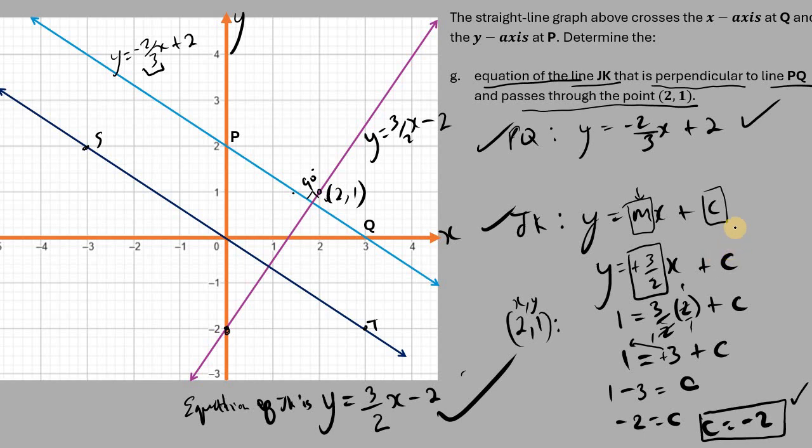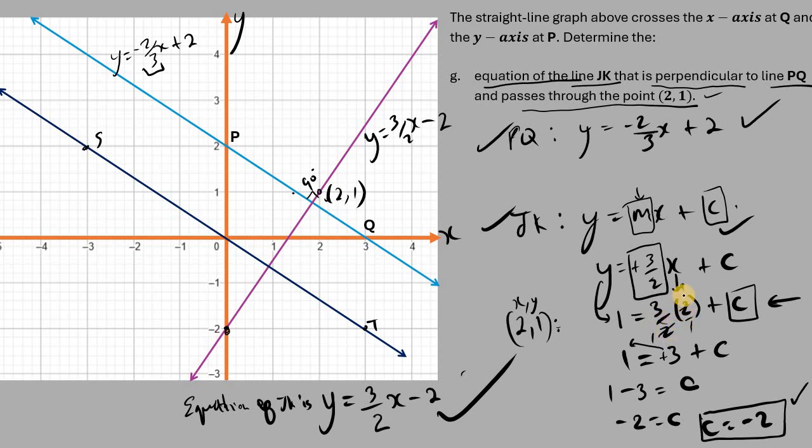And the c, now we need to find c. So how do we find the c? Well, we know a point on JK, which is 2, 1. So we replace the x with 2 and the y with 1. And that allows us to find the value of c, since c is the only unknown in this part of the equation. So now 3/2 of 2. 2 cancels 2, gives you 1.